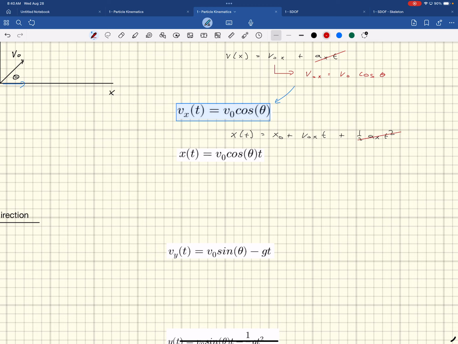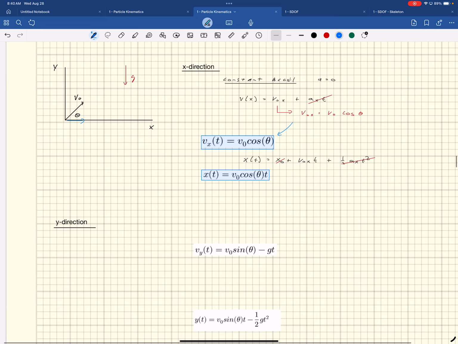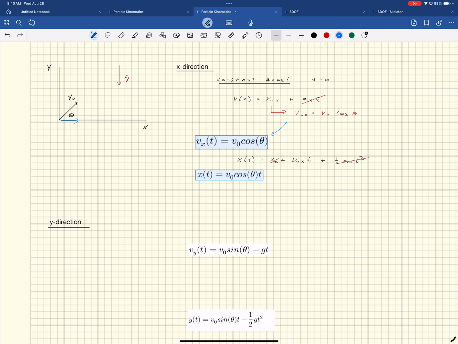In this particular case, x naught is equal to 0 as well. And so there's our position as a function of time in the x direction. It's just going to be v naught times cosine theta times time. So just take velocity times the change in time, and it'll tell us where the positions are. Y direction, also a constant acceleration.